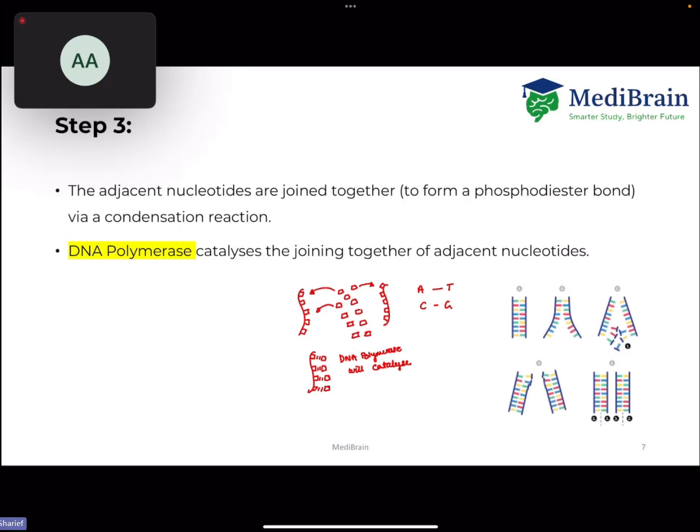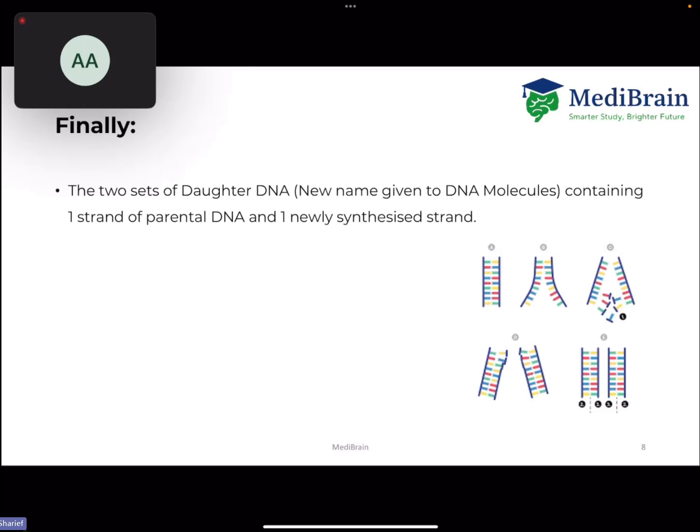DNA polymerase catalyzes the joining of adjacent nucleotides. Okay, that's step 3. So we saw in step 1, DNA helicase breaks the hydrogen bonds between the adjacent nucleotides. And then in step 2 each strand will act as a template. And then in step 3, what you need to know is that DNA polymerase will catalyze the joining of the adjacent nucleotides.